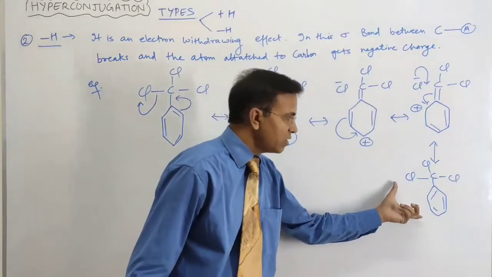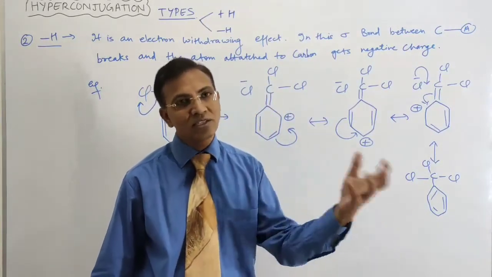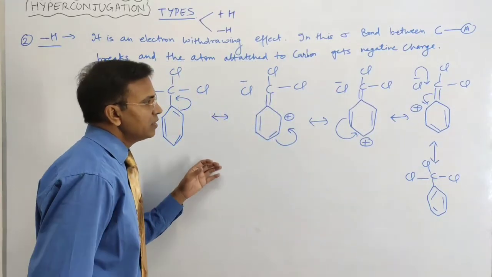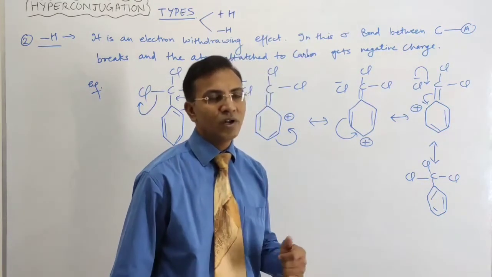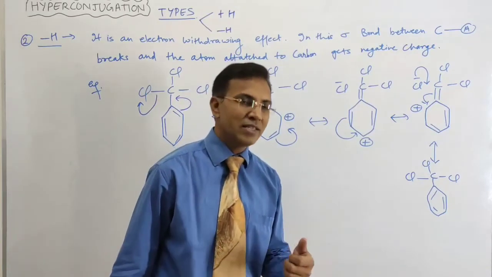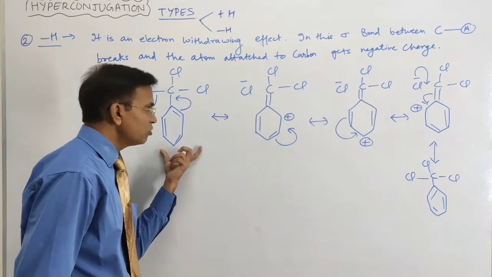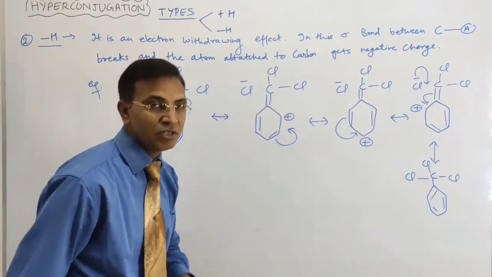So in this kind of resonance, the more alpha atoms there are, the more resonating structures, and the more the stability of the molecule. So the resonating structures are equal to the number of alpha atoms, whether it is hydrogen or any other atom, right? Because of the benzene ring, this shows 5 resonating structures, because benzene shows 5 resonating structures.